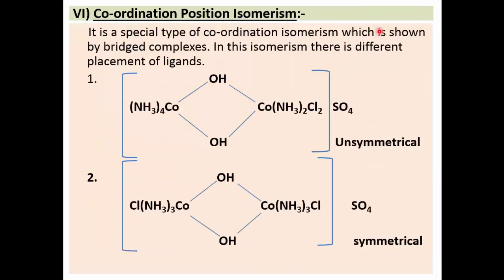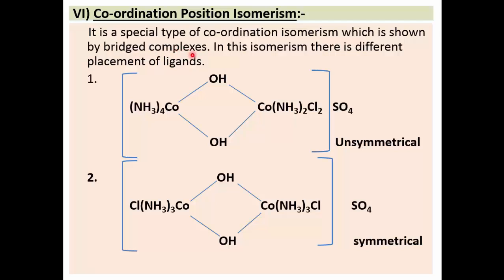Then see the next type of structural isomerism we are discussing. This is coordination position isomerism. This is a special type of coordination isomerism in which what happened? There is different placement of ligands, and generally this isomerism is shown by bridged complexes.